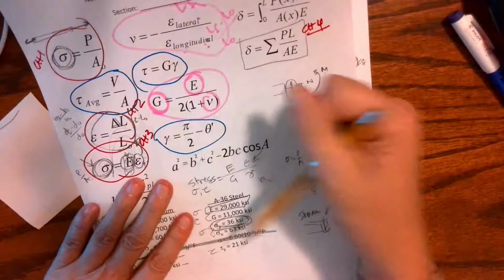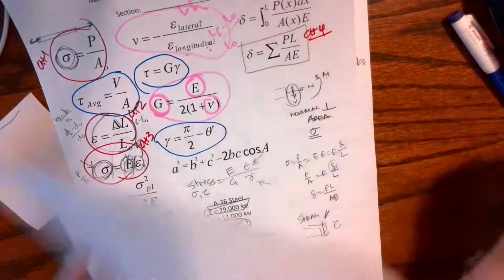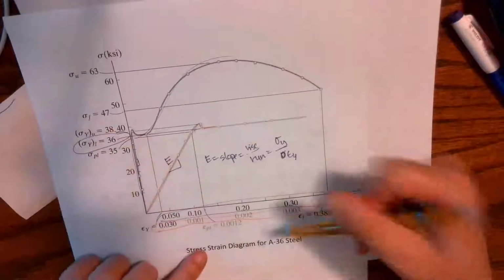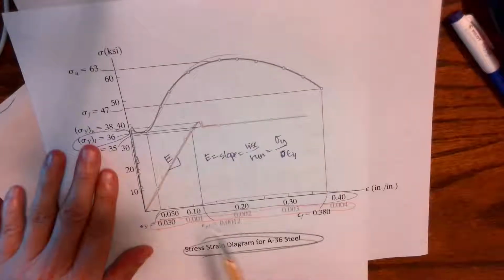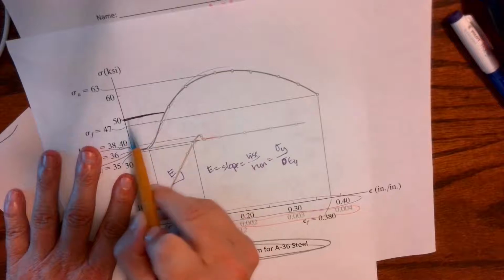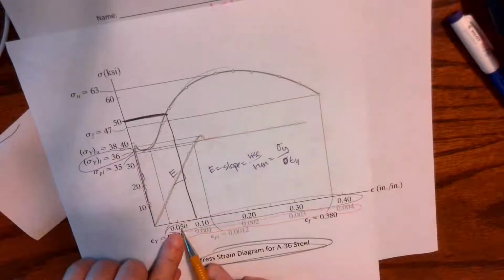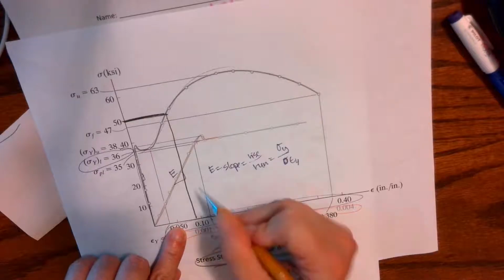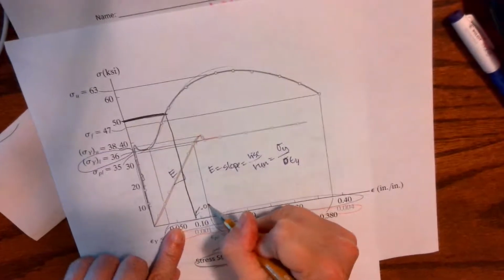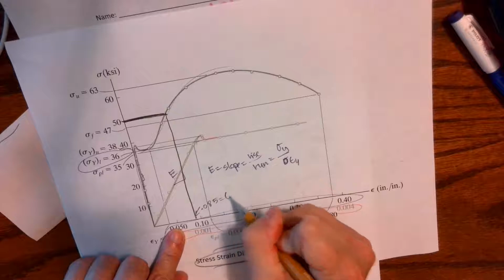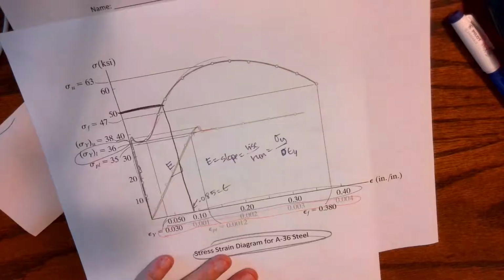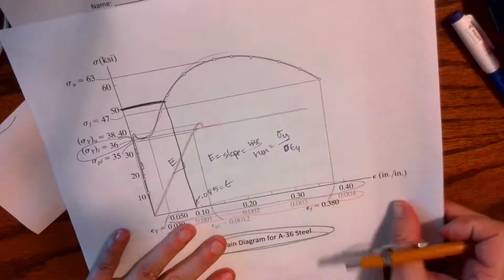This region is just where I have rise over run. If I have yielding, then I go to my little stress strain curve, and this is for steel, and I can go to 50, and I can draw down, and I can look at my scale, 0.05 to 0.1, so that's about, I don't know, 0.085. That's my strain. I can just pull it right off the chart.